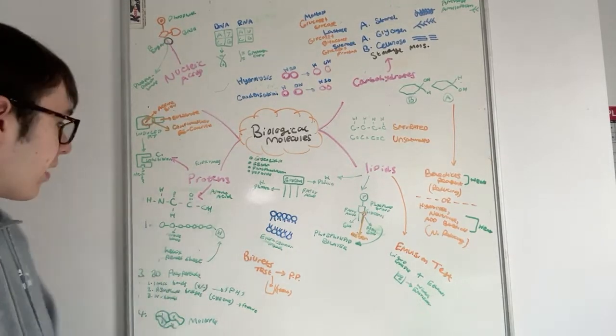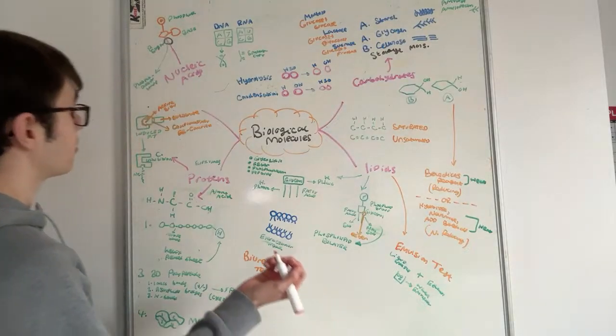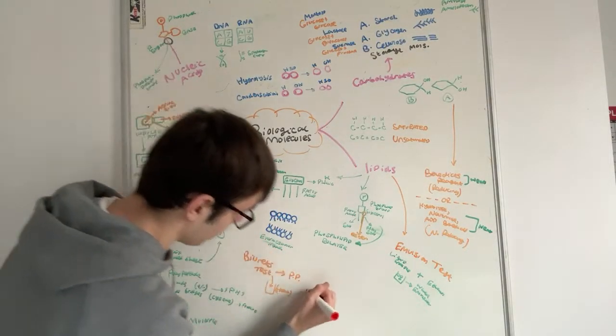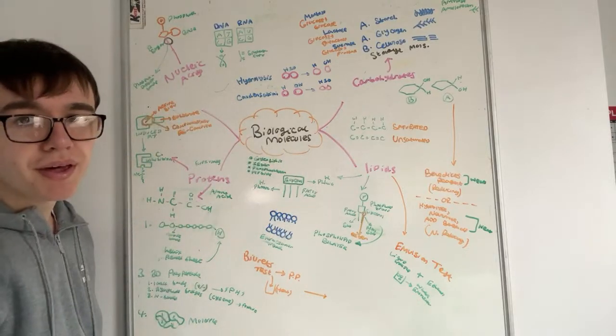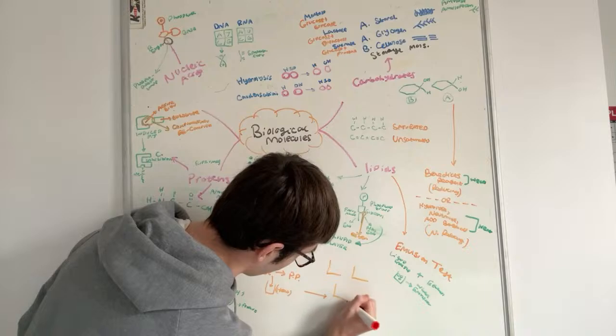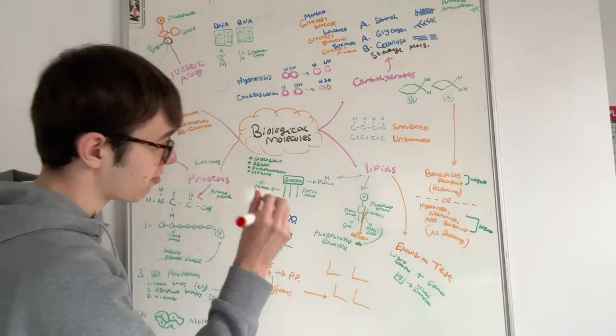We did not talk about limiting factors for enzymes, but I have no idea where to put this. I guess we'll draw a line here. Limiting factors for enzymes: temperature, pH, concentration of substrate, concentration of enzyme.